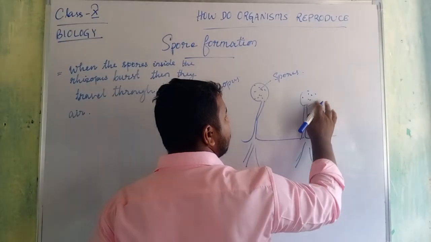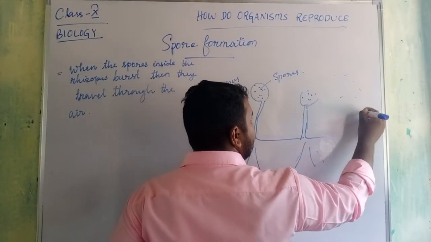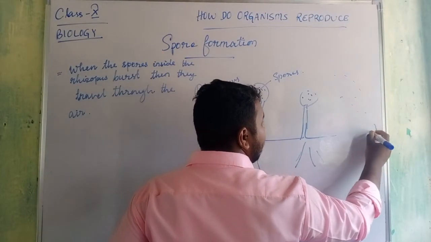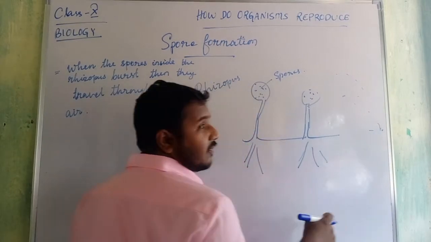If they burst like this, then they will land on a particular area, and when favorable condition will come, they will grow.